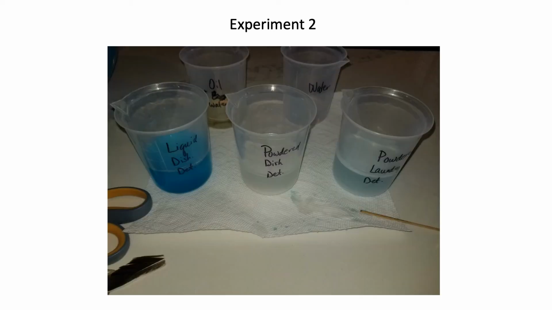Then if you follow along, we have 5 different beakers that we're going to have as our treatment groups. We have one that we add liquid dish detergent to, one that we added powdered dish detergent, one that we added powdered laundry detergent, one that was an oil and water mix, and one that was just water.